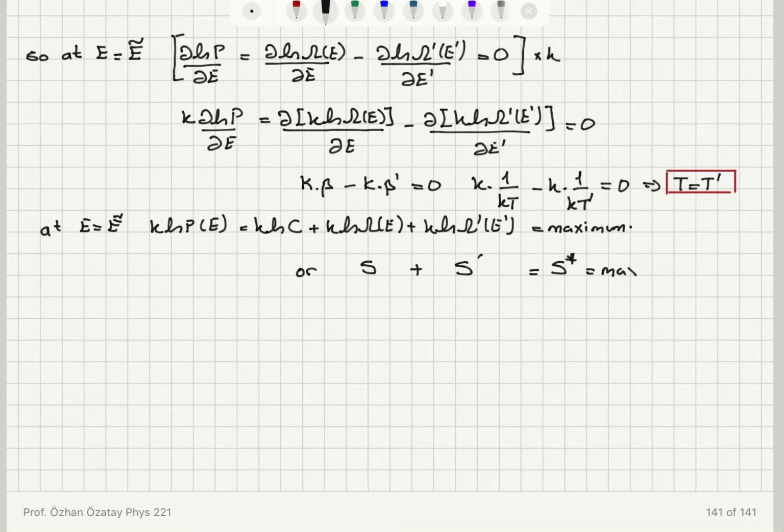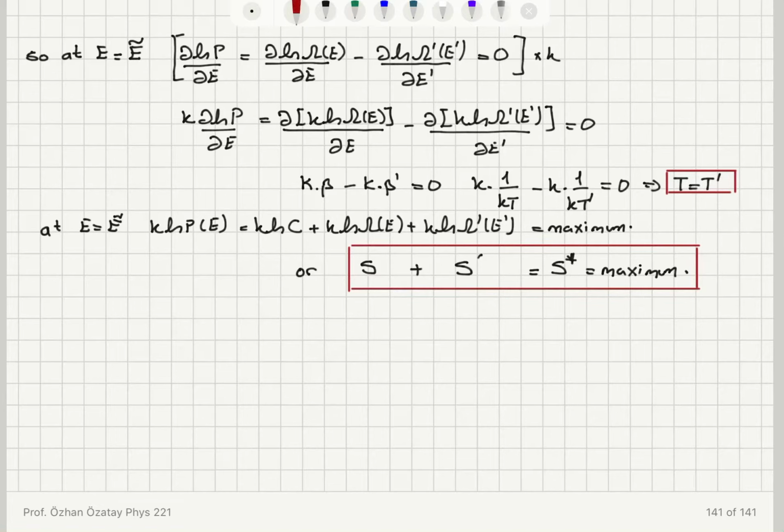This has to be a maximum. So another condition for the equilibrium situation, maximum probability, corresponds to the maximum entropy of the total system.